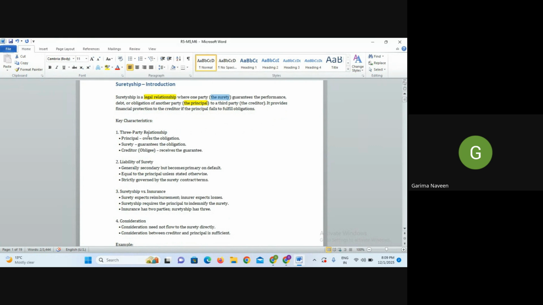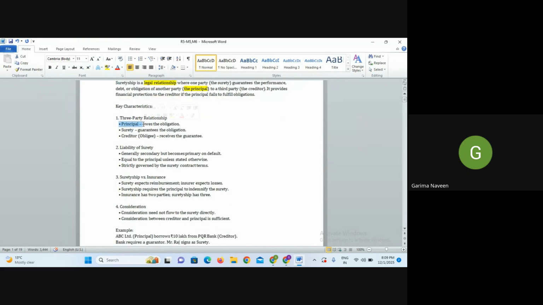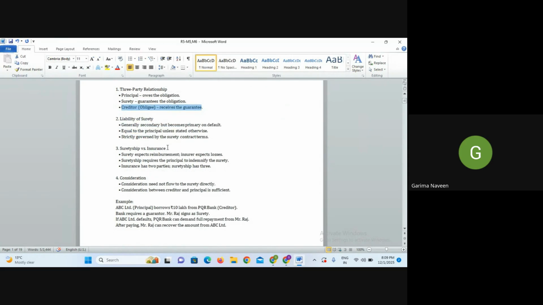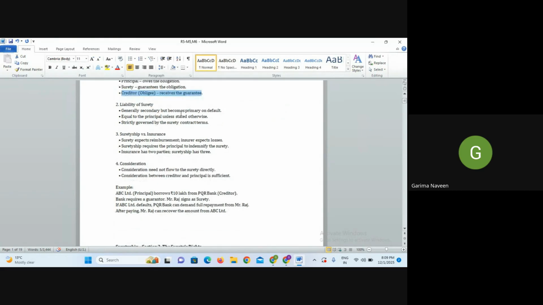So next is key characteristics. It is a three party relationship here. The principal is the one who owes the obligation, the surety basically guarantees the obligation of this principal, and the creditor is the one who gives the debt to the principal or who receives this guarantee.